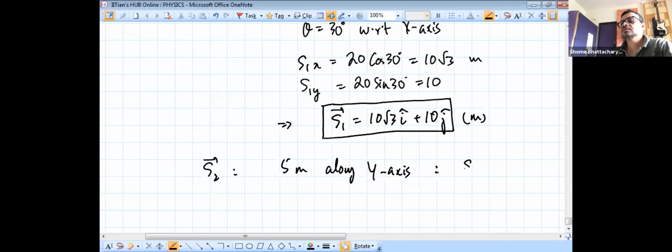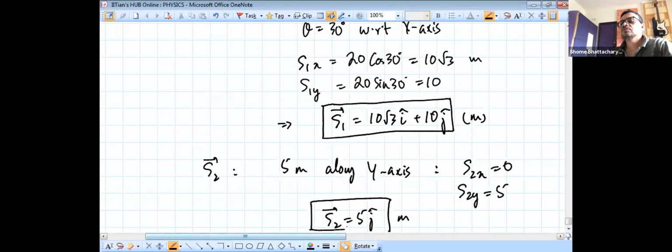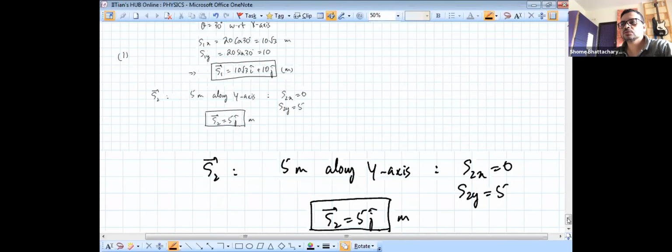That means its x component is 0 and its y component is equal to 5. So S2 vector will become just 5 j cap in meters. So this is the answer to the first part, the displacements in component form. So in case you haven't worked this out before, just note this down.